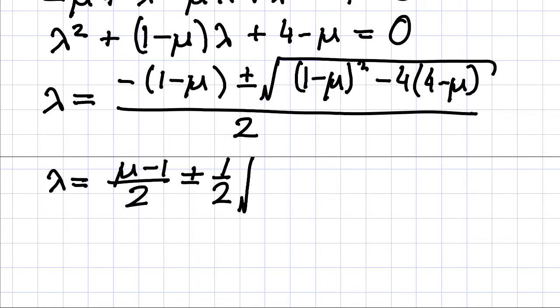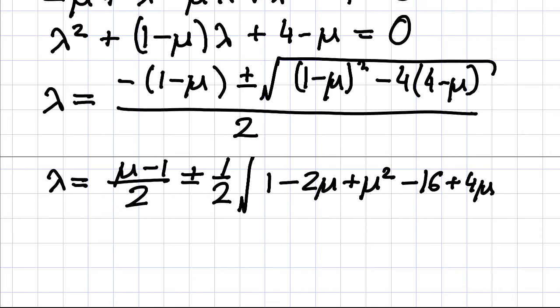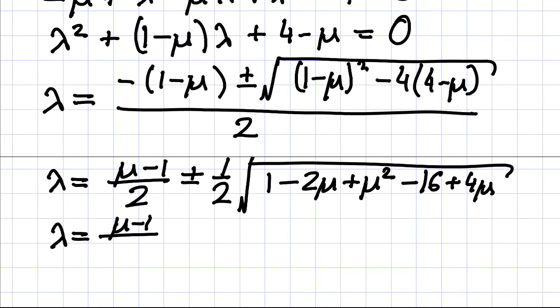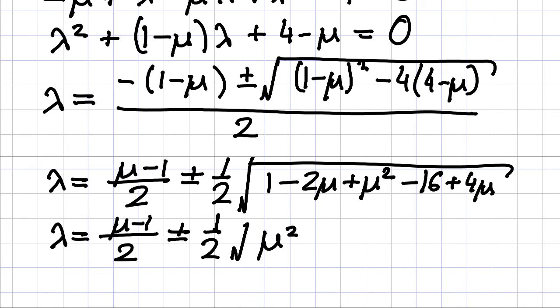So that's 1 − 2μ + μ² − 16 + 4μ. λ is (μ − 1)/2 plus or minus a half the square root of μ² + 2μ − 15.